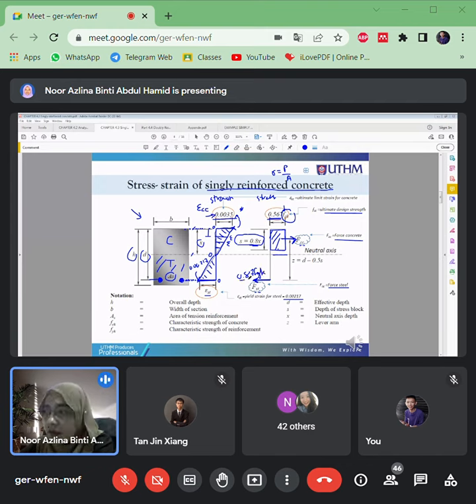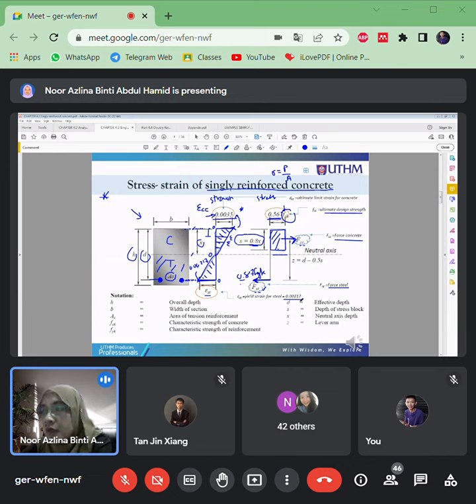Okay, please take note here. 0.567 FCK for the concrete, ultimate design strength for the concrete, while ultimate design strength for the steel is 0.87 FYK. So this is how the stress strain block diagram looks for the singly reinforced concrete beam here.